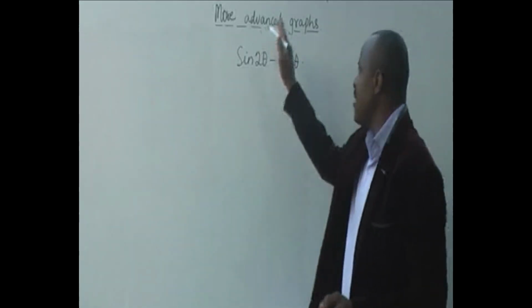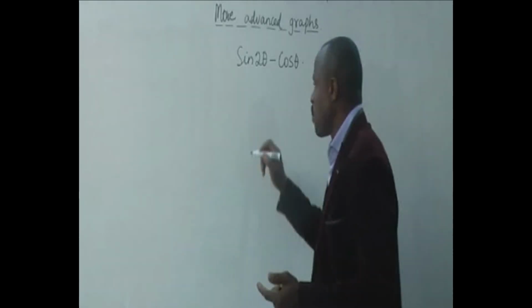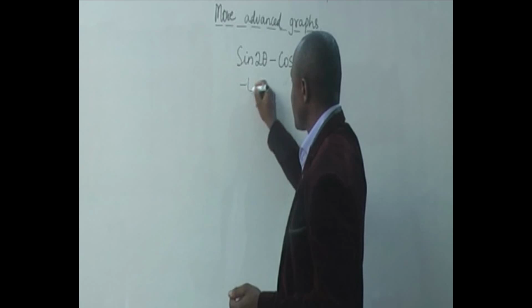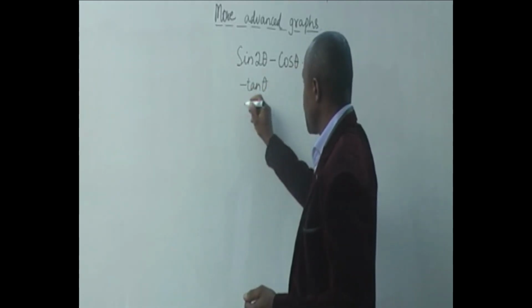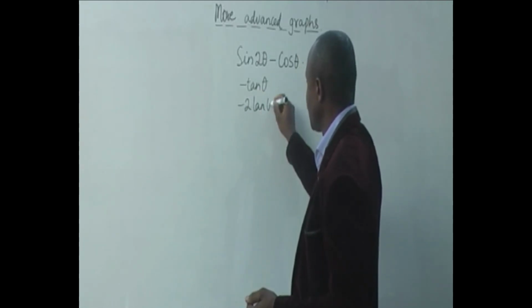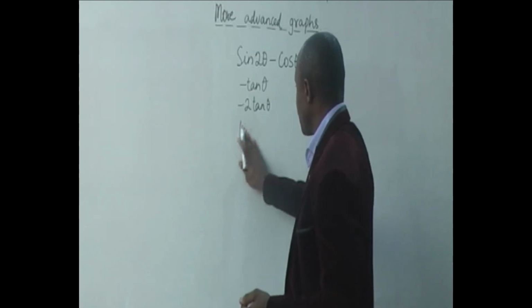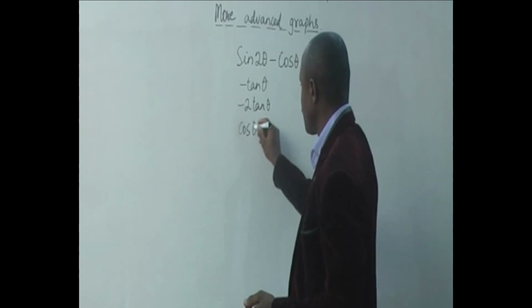Questions on more advanced graphs on trigonometry can also come. Let me tell you to plot the graph of minus tan theta. So we tell you minus 2 tan theta. So we say cosine theta, it must not always be tan. Maybe cosine theta plus 3.